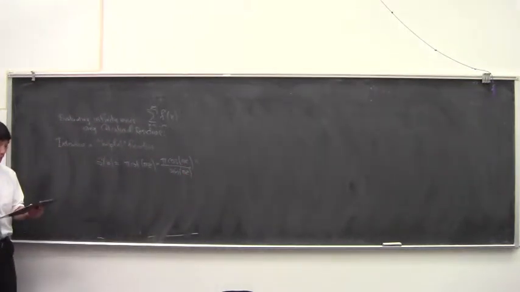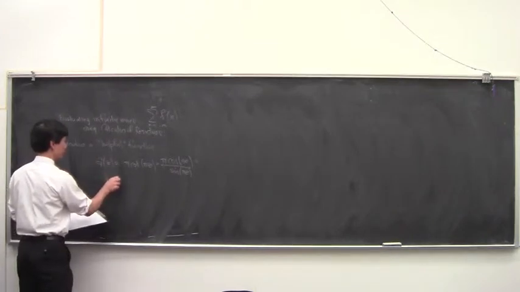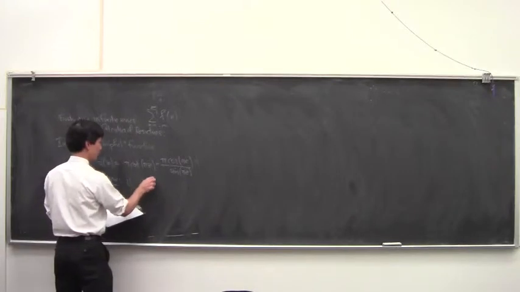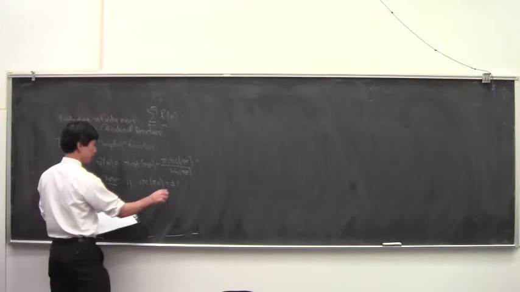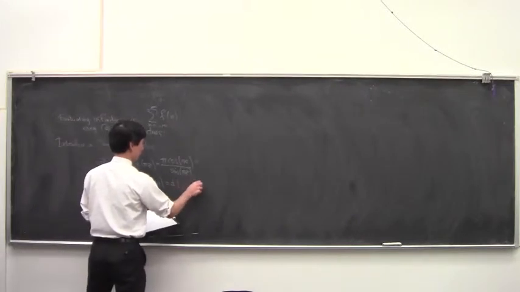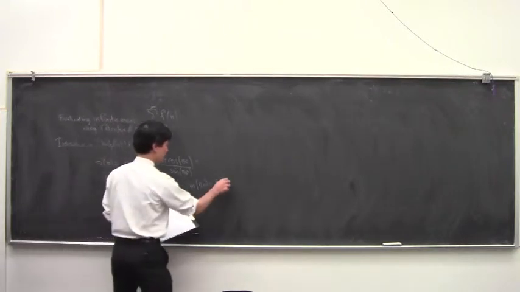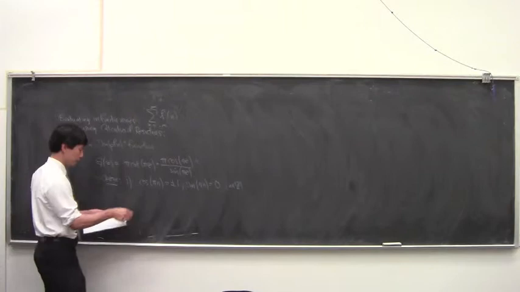So you choose this guy. So you observe that, of course, cosine pi n is plus or minus 1. Sine pi n is 0, right, at each integer n.